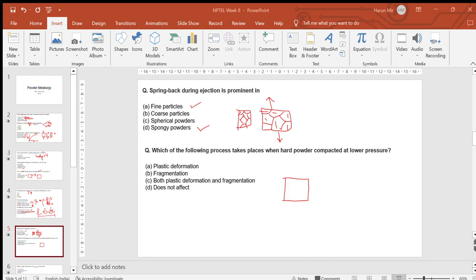In this case h is L, so we can write pi r square L, which is equal to the length of the rectangle, into breadth, which we write as W, and the height is written as T. I'm sorry, I'm not able to write clearly. This length cancels out.